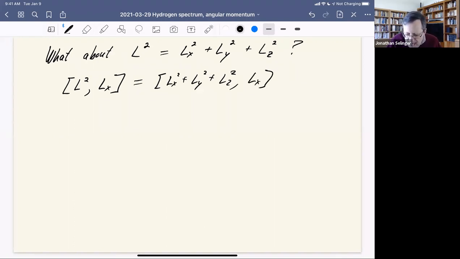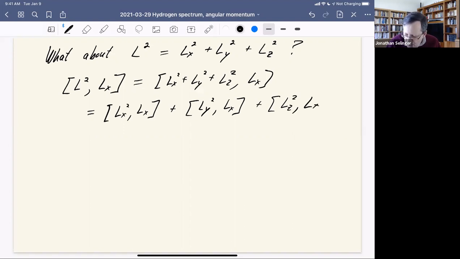So we can break that up. That is the commutator of Lx squared with Lx, plus the commutator of Ly squared with Lx, plus the commutator of Lz squared with Lx.